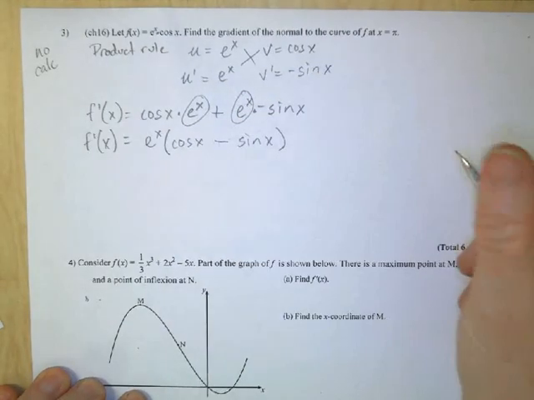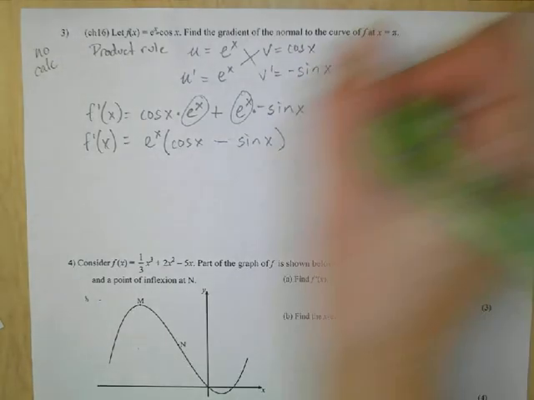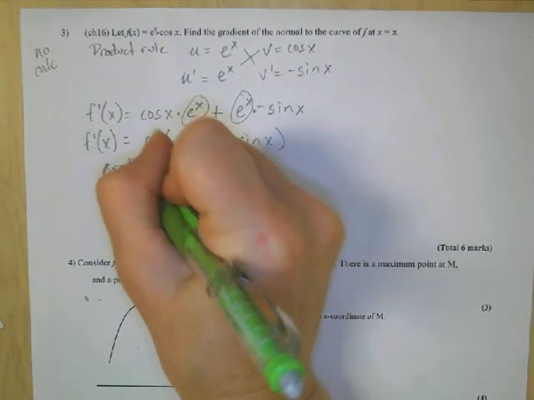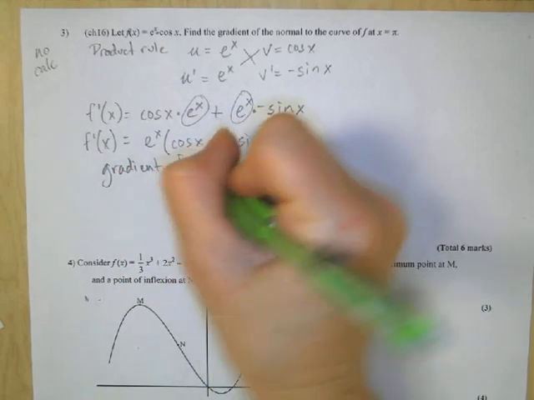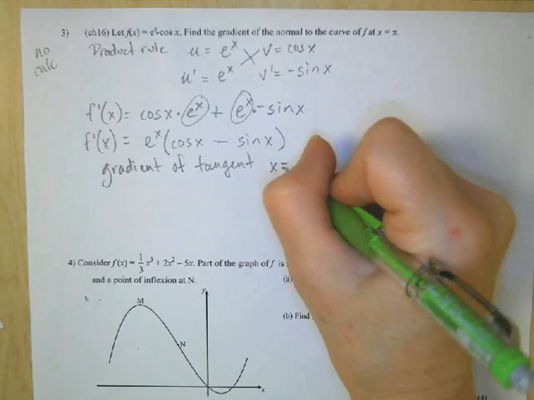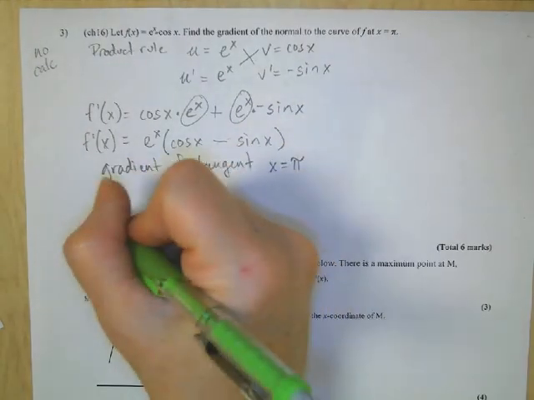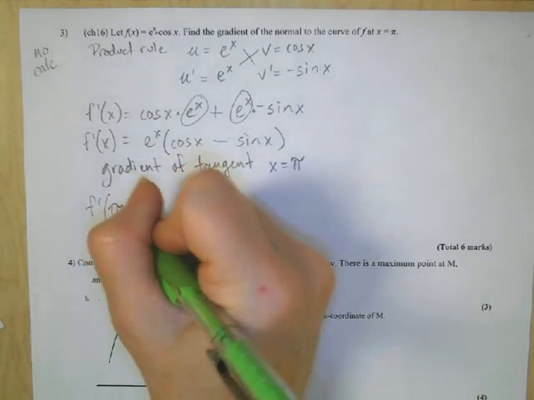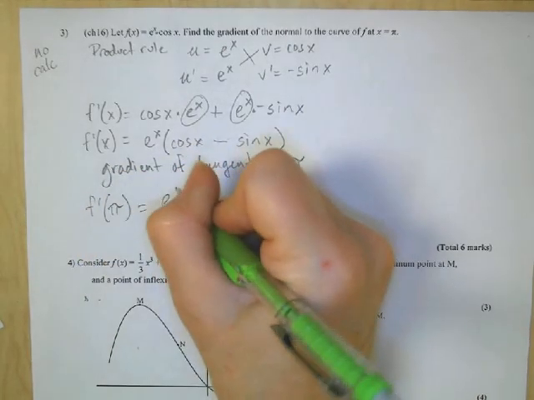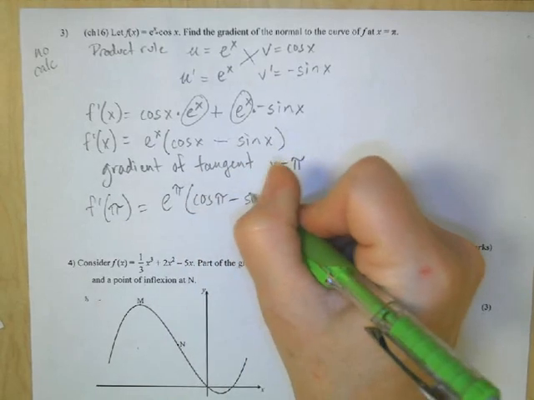All right, so now in order to find the gradient of the tangent, I'm going to let x be equal to pi. So first we're going to get the gradient of the tangent. So I'm going to evaluate this at pi. So I get e to the pi times cosine of pi minus sine of pi.